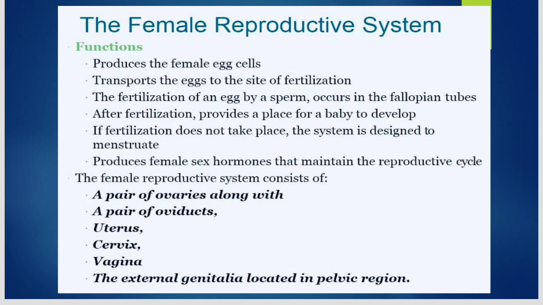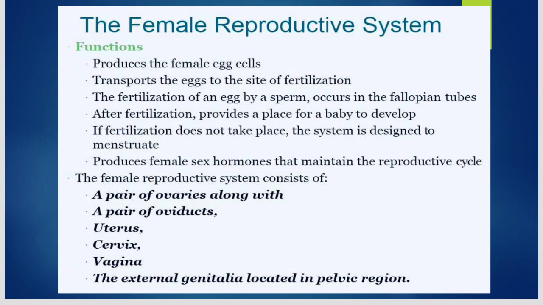If fertilization does not take place, the system is designed to menstruate. It produces female sex hormones that maintain the reproductive cycle. Yes, progesterone and estrogen. These are the two hormones that are produced by the female reproductive system.